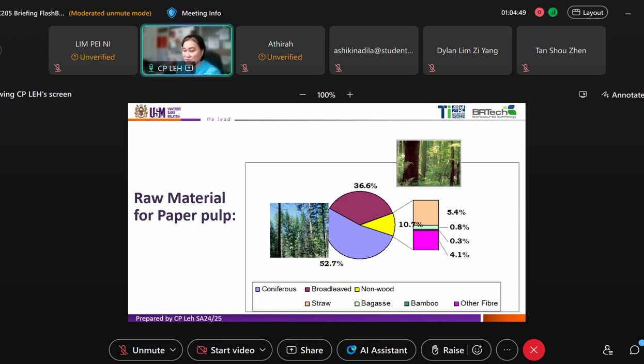So the density is actually affected by the chemical composition of the fiber. Let's say softwood, the lignin content is more than 30%. Hardwood is about 20%.